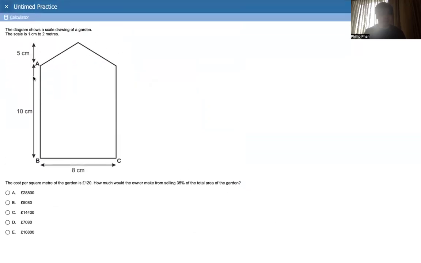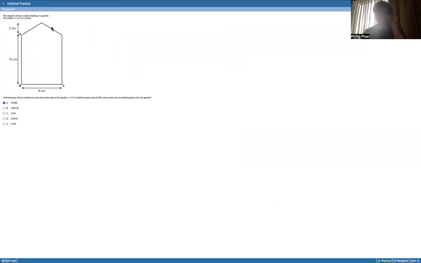There we go. The cost per square meter of the garden is this one. How much would selling 35% of the total area of the garden be? So let's have a look. 35% of the total. We know the total area from before is, I already forgot it. Let's go back and recalculate that. 1596 divided by 3.99.